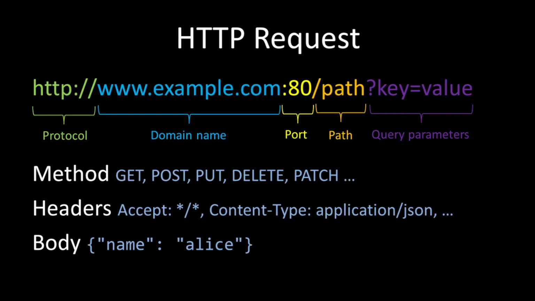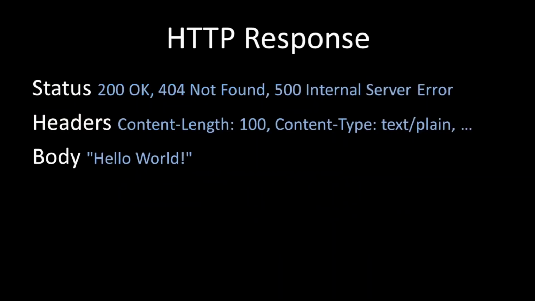There are other headers which contain the authentication information. The request body could be a JSON object, which is very common. It could also be a file or just a text. When you're sending a request body, you need to specify the data type of the request body in the content type request header.